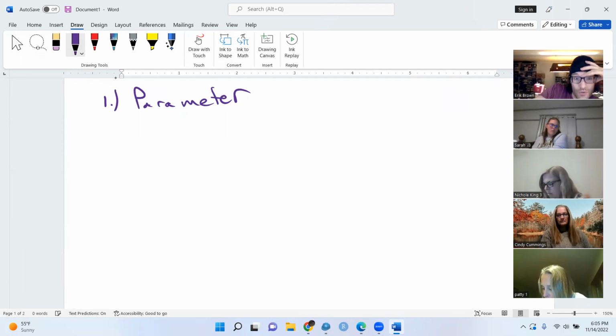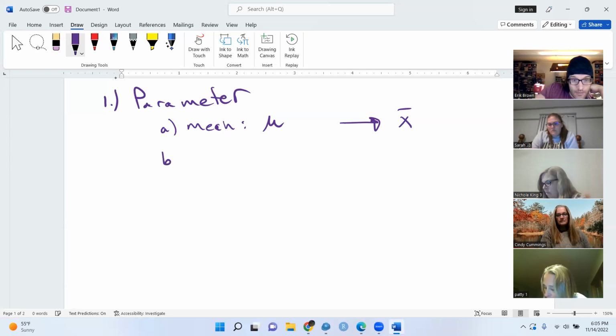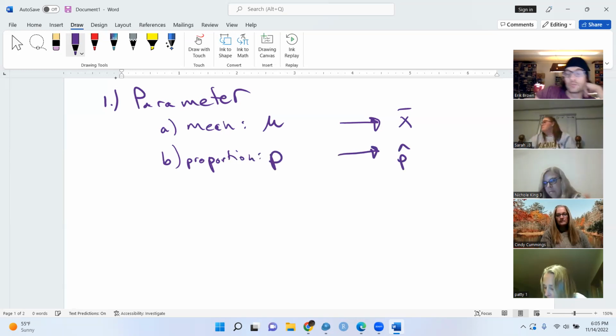There are only 2 parameters that we work with in this class. It's the mean, labeled as mu. Remember, the statistic is X bar, which is the point estimate if it's a confidence interval. The other parameter, which was kind of new for chapter 9, is the proportion, or p hat.